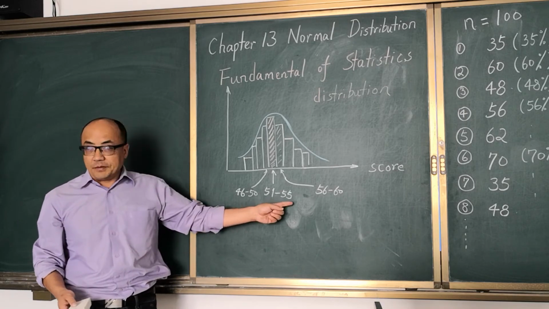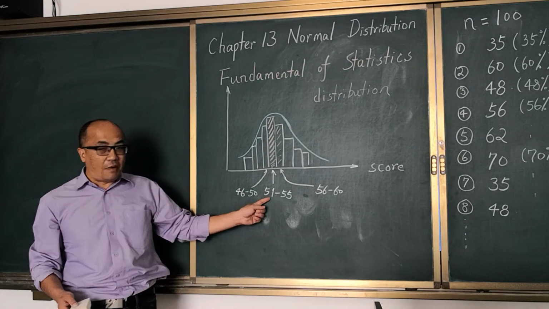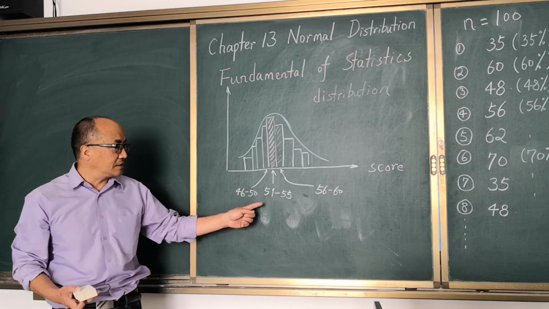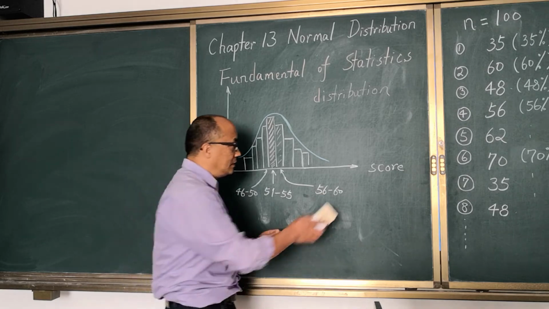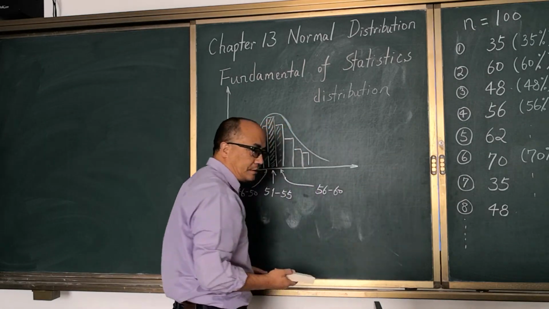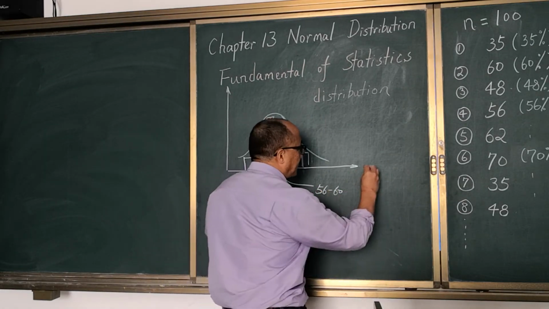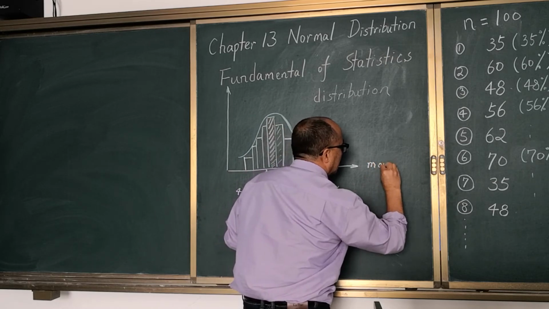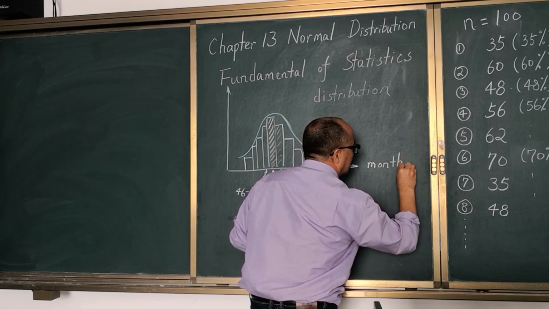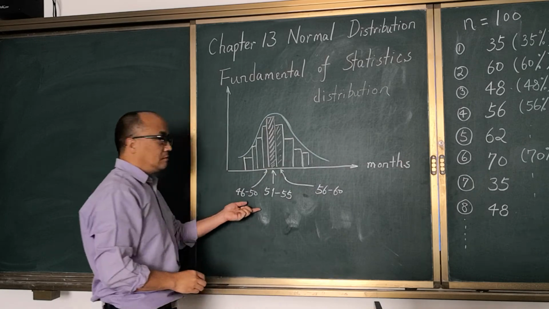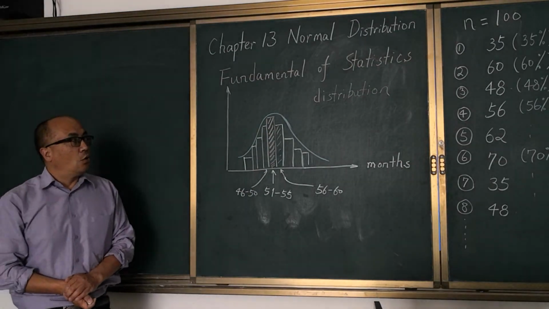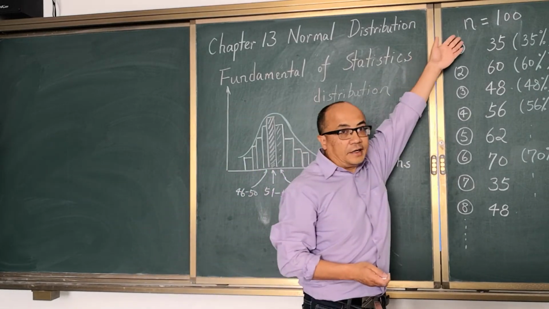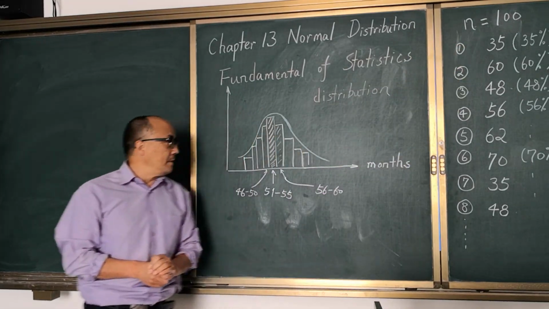Let's say the unit is a month: 51 months to 55 months, 56 months to 60 months. Let's say we tracked 100 cancer patients.